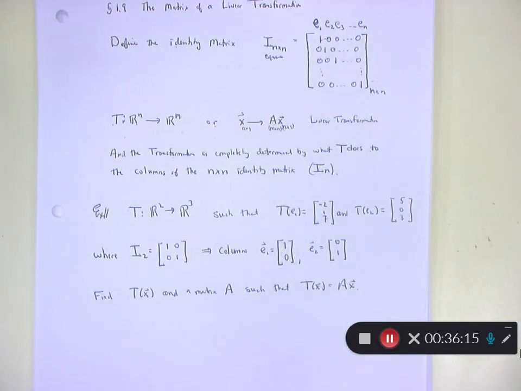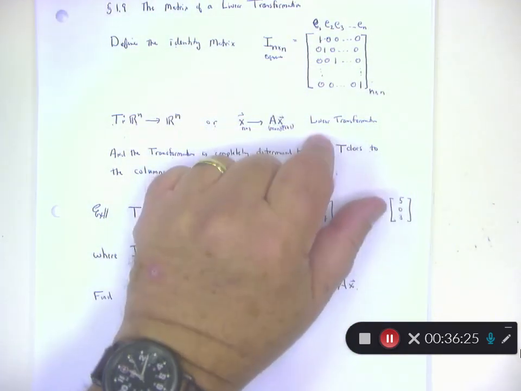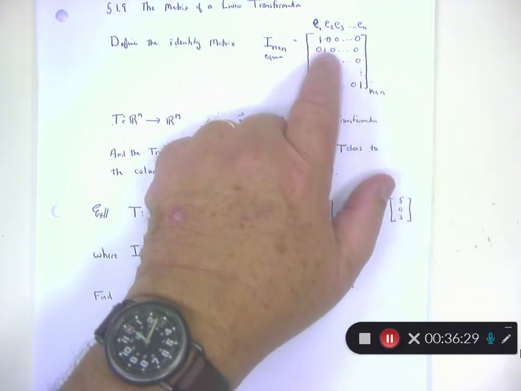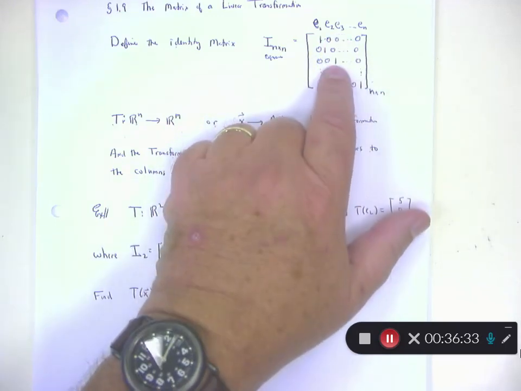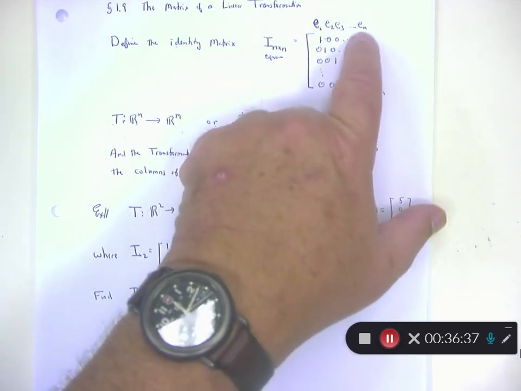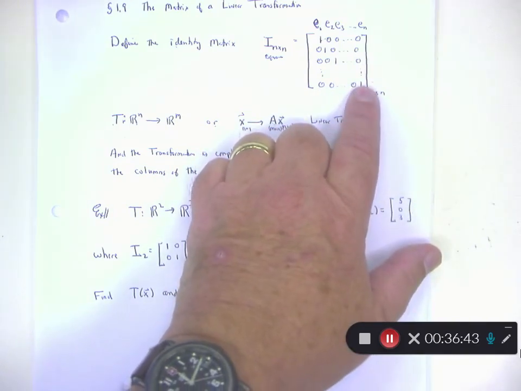The subscript is the component of your vector where the 1 is going to show up. Everybody else is 0. So for E1, the first component is 1, everybody else is 0. For E2, the second component is 1, the first component is 0, and the rest are 0. For E3, the 1 shows up in the third component, and the rest are 0. For En, everybody is 0 except the last component, the nth one, which is a 1.